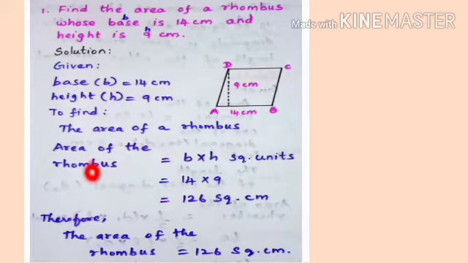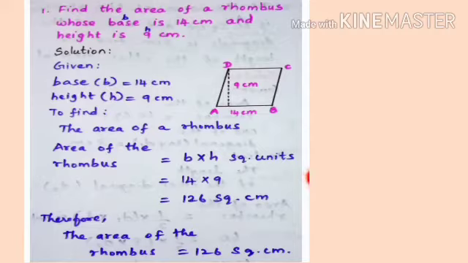So, we know that when base and height are given, the area of the rhombus is B into H square units. Don't forget this one. It is very important. There are 2 types of formulas to find the area of a rhombus. The first one is when the base and the height are given, the area of the rhombus is B into H square units.